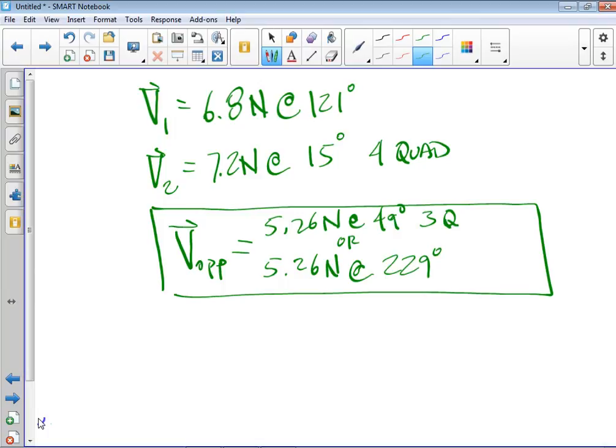And if you needed to find the mass associated with the 5.26 newtons, you could of course go 5.26 divided by 9.8 and get the mass associated with this would be 0.537 kilograms. So there's your answer.